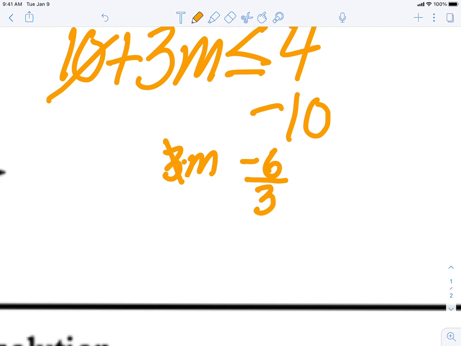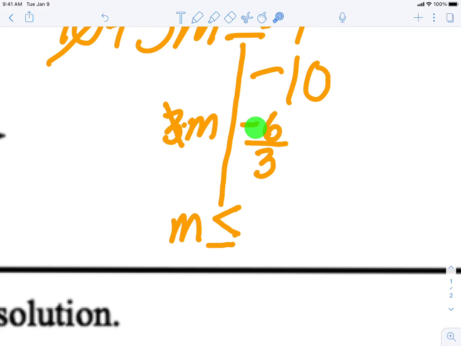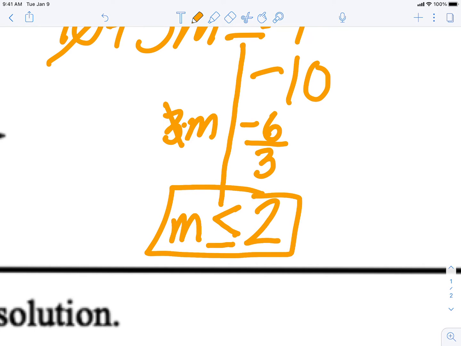So let me draw my arrow here, and let me draw my m here. So I can draw my arrow the same, just like this. And a negative divided by a positive is a negative, and 6 divided by 3 is 2. And this is perfect because my m is already on the left side. See? So this is my solution.